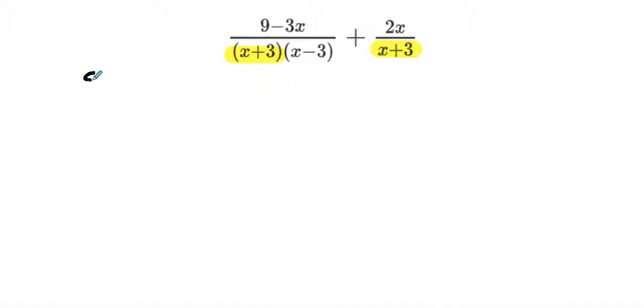So here we go. Our next line of work is going to be 9 minus 3x over our common denominator of x plus 3 times x minus 3.